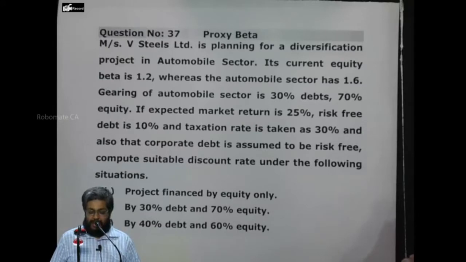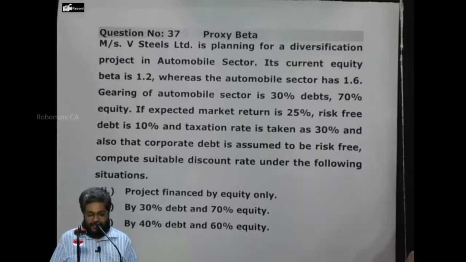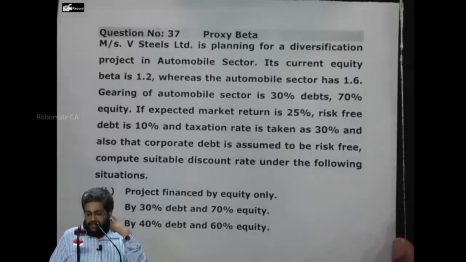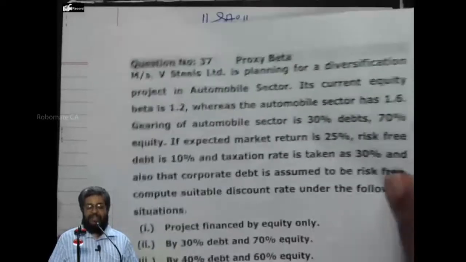Expected market return, RM, is 25%. Risk-free rate, RF, is 10%. The taxation rate is taken as 30%, and the corporate debt is assumed to be risk-free. Compute a suitable discount rate under the following situations: project financed by equity only, by 30% debt and 70% equity, and by 40% debt and 60% equity.